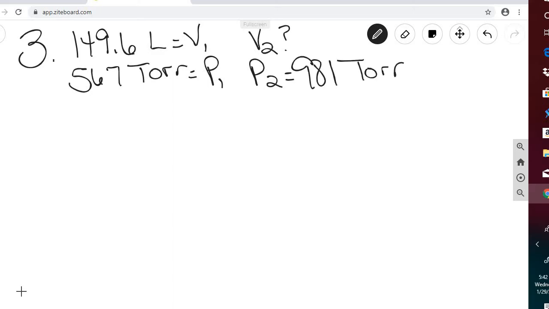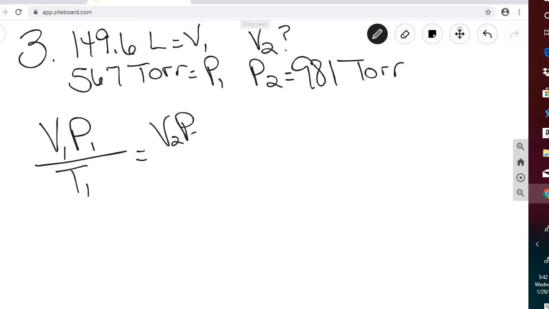Okay, so if we write out the combined gas law, P1 V1 over T1 equals P2 V2 over T2. And this says that the temperature stays constant. So any of these variables that stay constant, we can just eliminate from our equation.